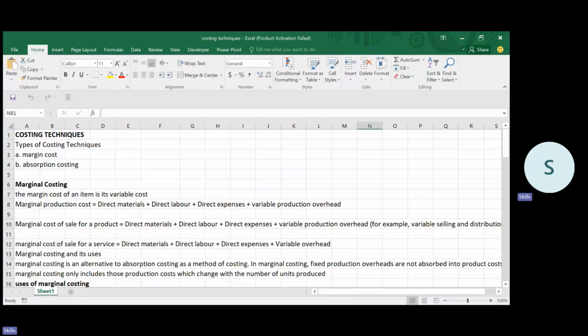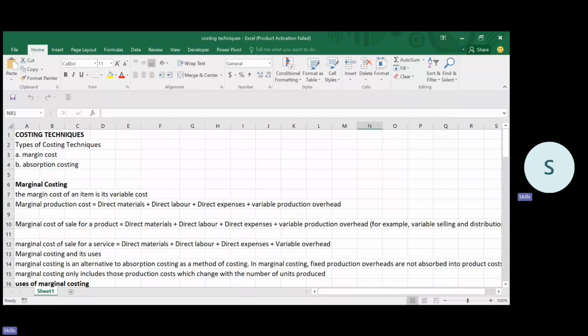Variable costs are those costs that vary with the level of activities. As the level of activities increases, variable costs will also increase. The variable cost per unit of an item is assumed to be constant.